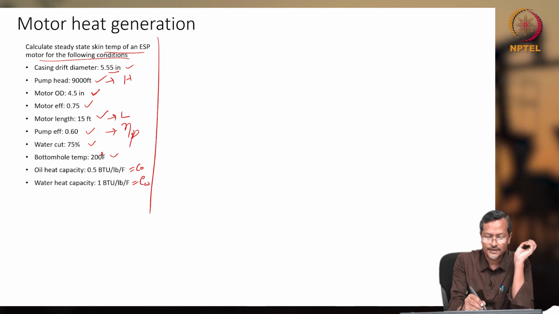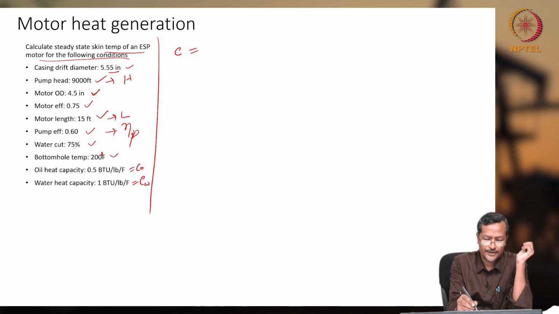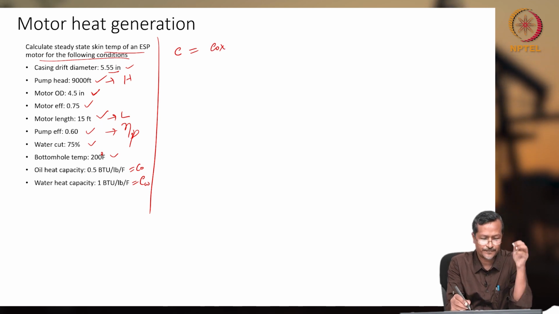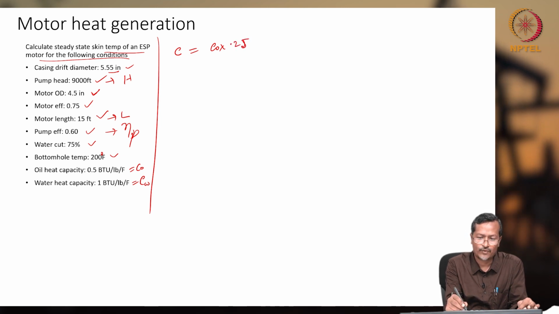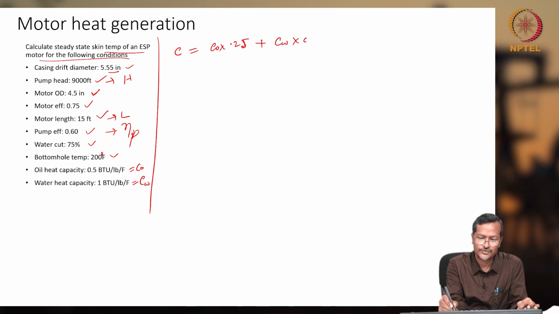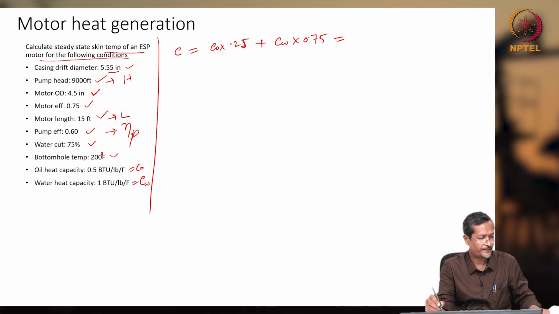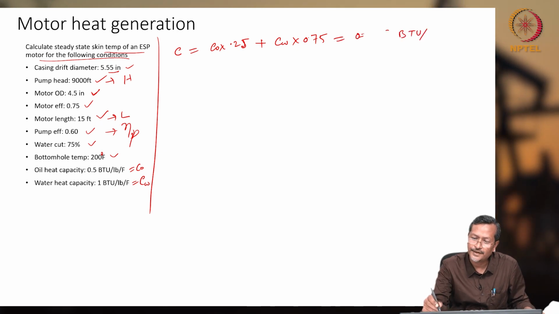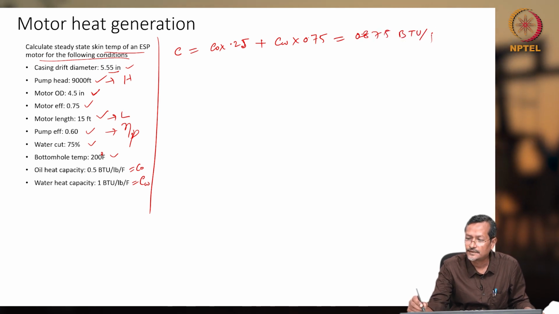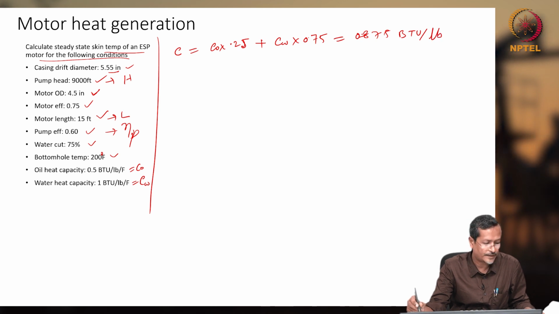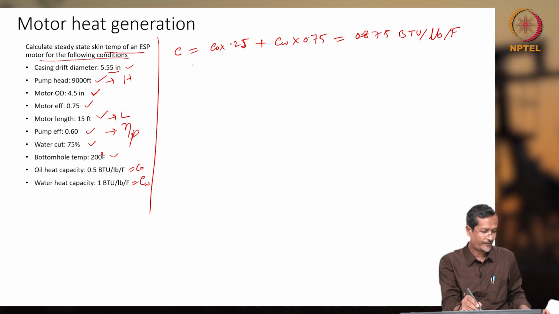Water cut is 75%, so the combined heat capacity is C oil into 0.25 plus C water into 0.75. The average heat capacity will be 0.875 BTU per pound per degree Fahrenheit.